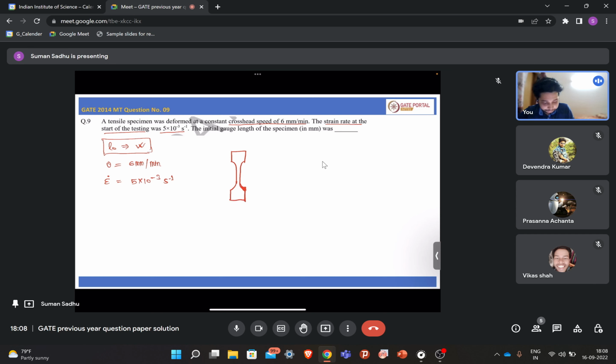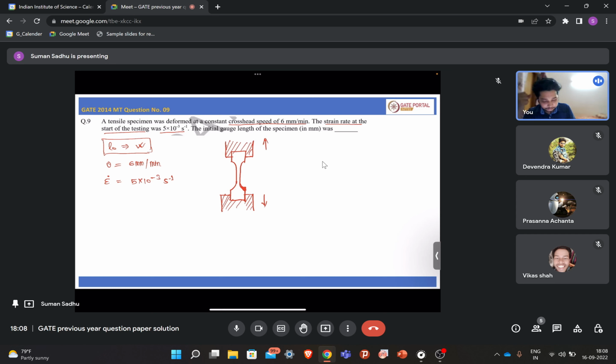When you put your tensile specimen in the machine, there are two holders which grip this sample, and then they pull your sample. These two grips are called the crosshead. The movement speed of these two grips is called the crosshead speed.